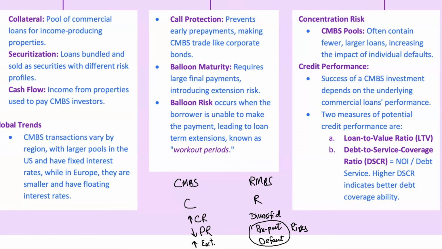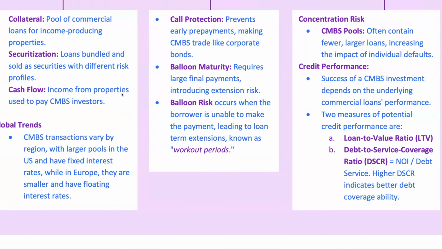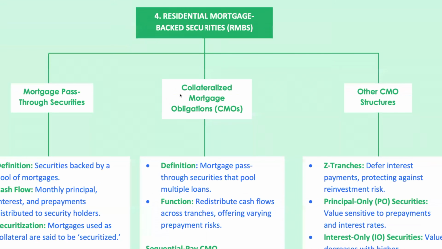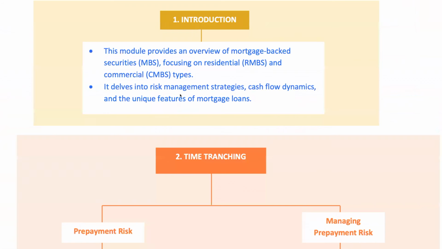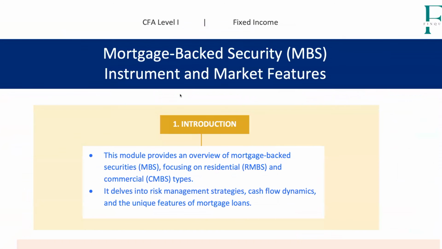Understanding the distinctions, prepayment risks, and structuring mechanisms of each type helps investors make informed decisions in the complex world of mortgage-backed securities. All right, we've covered a lot today. From the basics of mortgage-backed securities, MBS, to the specifics of residential MBS, RMBS, commercial MBS, CMBS, and collateralized mortgage obligations, CMOs.